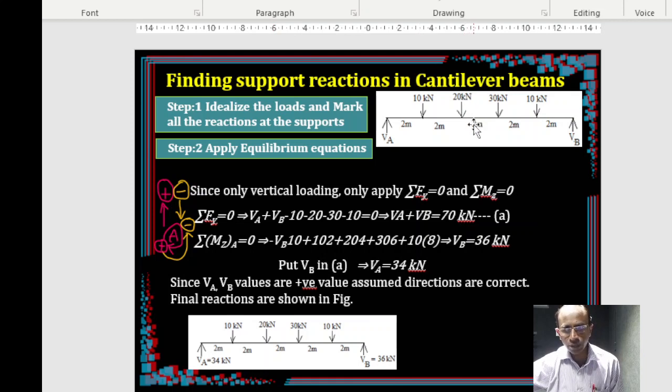Idealization of the loads that are given. The idealization of the loads here means, whatever may be the loading given, it may be a point load, or it may be UDL, or it may be UVL, or anything given. These are the loads that come most of the times. So whatever the triangular load, whatever the loads may be, you should first of all convert to point load, in order to apply the equilibrium equation. That is the first requirement. Then you mark all the support reactions.